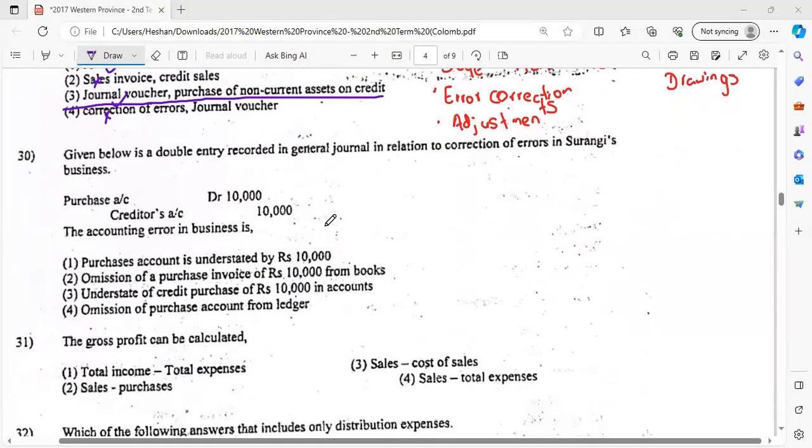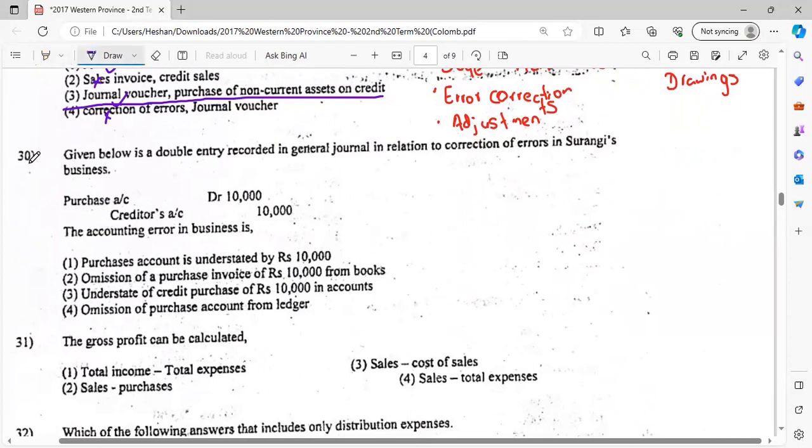Question number 30. Given below is a double entry recorded in the general journal in relation to correction of errors in Surangi's business. So this is error correction, right? Purchase account debit 10,000, creditors account credit 10,000. So what is the error?